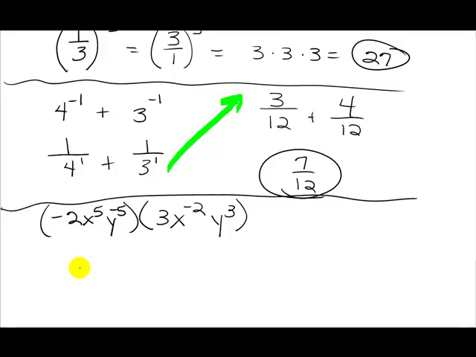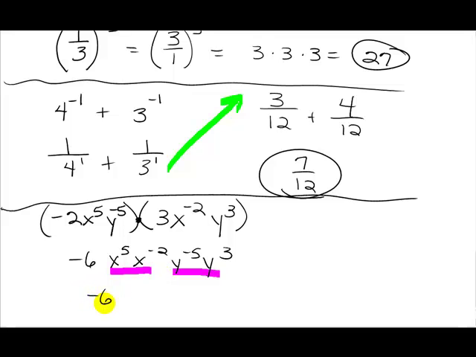So here I'm multiplying, so this means the product rule. So negative 2 times 3, x to the 5th times x to the negative 2, y to the negative 5th times y cubed. And then here I'm going to be using the product rule, which means I'm going to add.